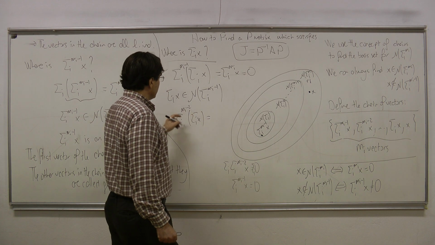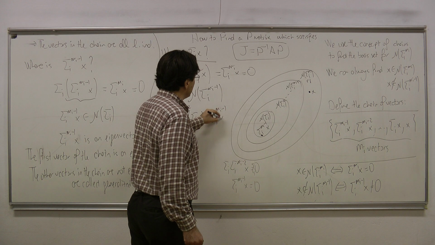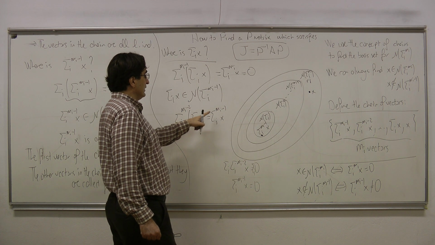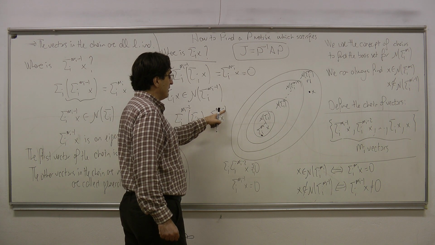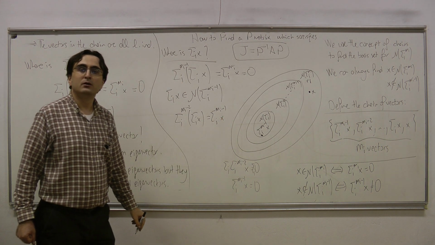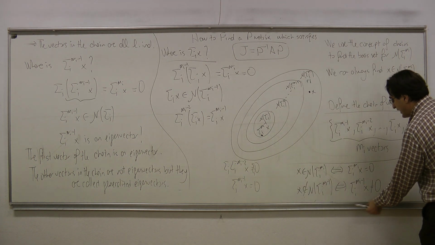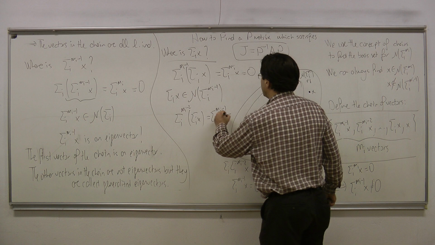What is this result? This is going to be sigma I to the mi minus 1 x. There is a power mi minus 2 here, and there is the power 1 here. And can this be equal to 0? This can't be equal to 0 definitely because of the property of x here. Okay? So this is non-zero.